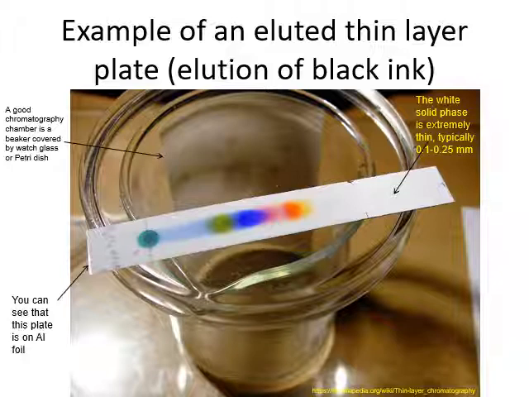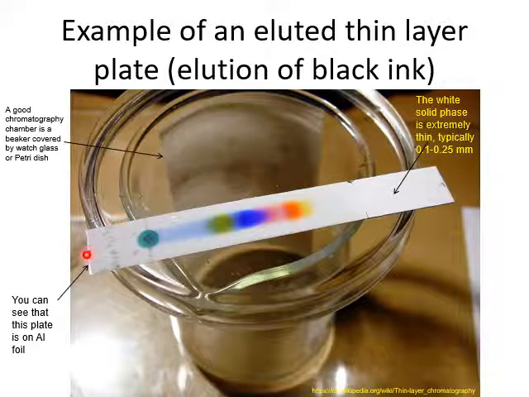This is how it usually looks. So you'll put this plate vertical, so perpendicular to the table. And a good chromatography chamber is something that is covered, as this is resting vertically or a little bit inclined inside of the beaker, because the solvent that you're going to put in, or the solvent system, usually evaporates quickly.